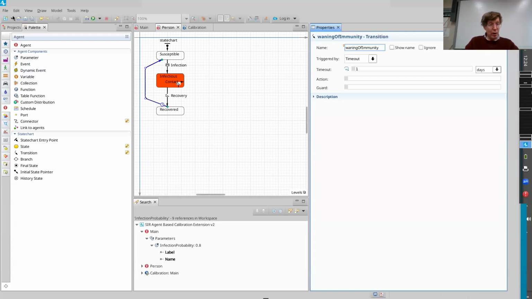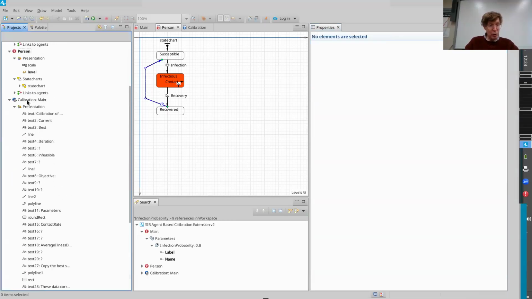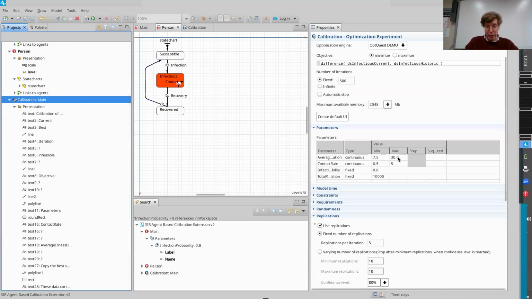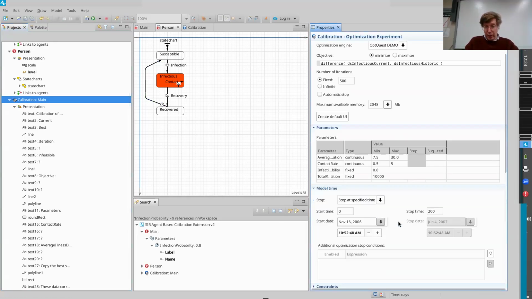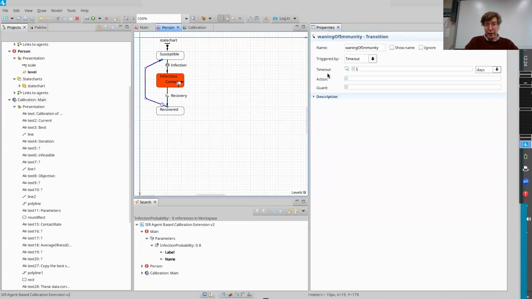And I will note that the total time frame associated with this model, the calibration for the model time, is running at over 100 days. I'm going to make, therefore, this waning of immunity play out at a time frame that's a fraction of that.